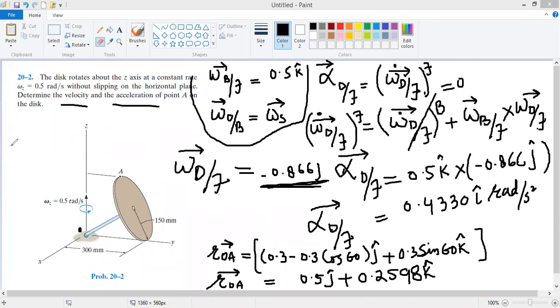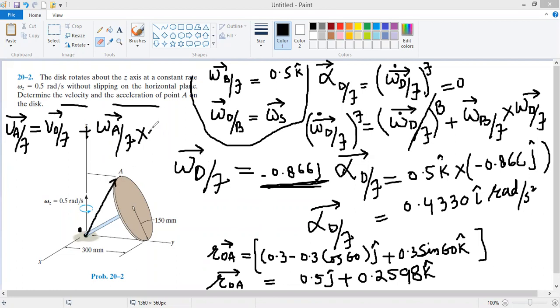I will write velocity of A with respect to ground is equal to velocity of O with respect to ground plus angular velocity of A with respect to ground, cross product with the radius vector drawn from O to A, that is the ROA vector.